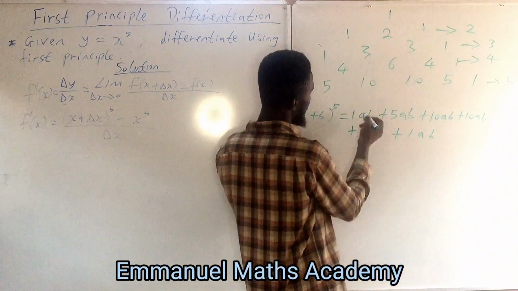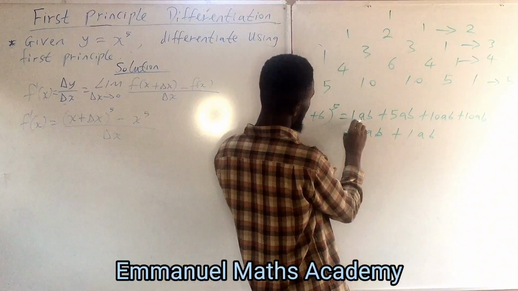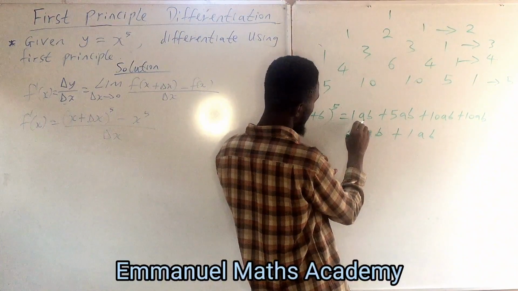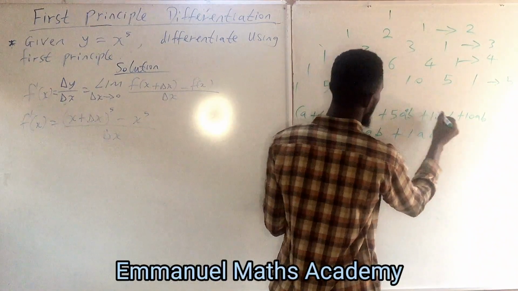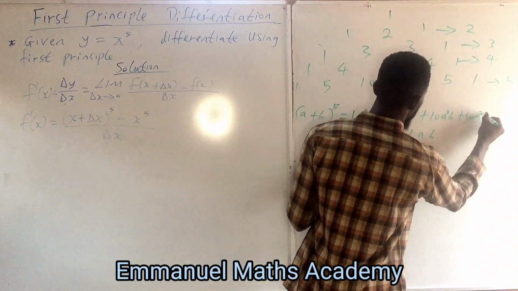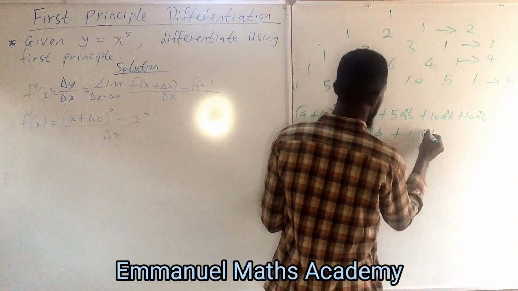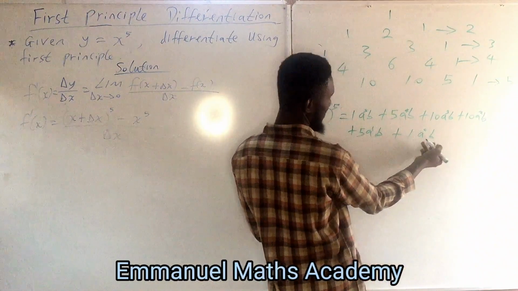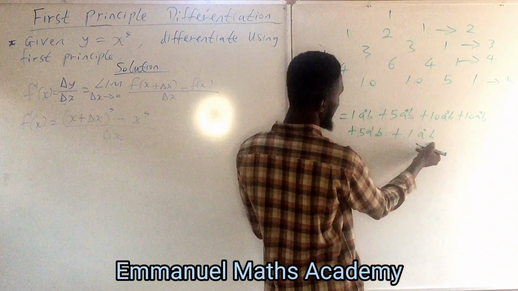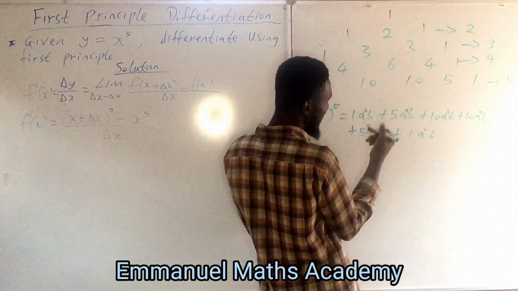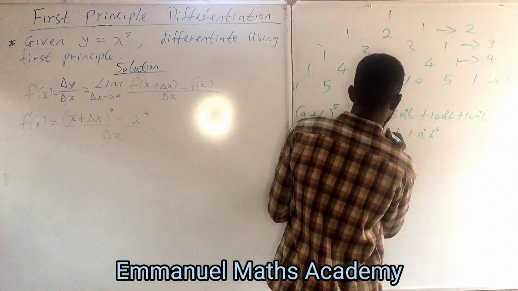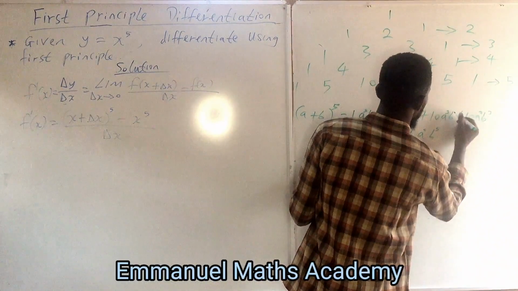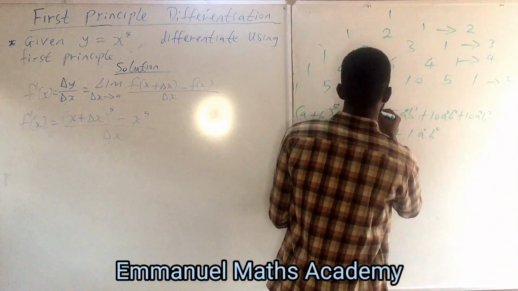Is that clear? Then from this now, the a will start from the raised to power 5 in descending order. You have a raised to power 5, 4, 3, 2, 1, 0. Then b will start from raised to power 0 and ascend, 0, 1, 2, 3, 4, 5.